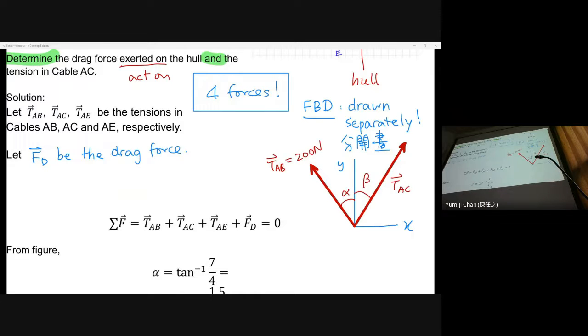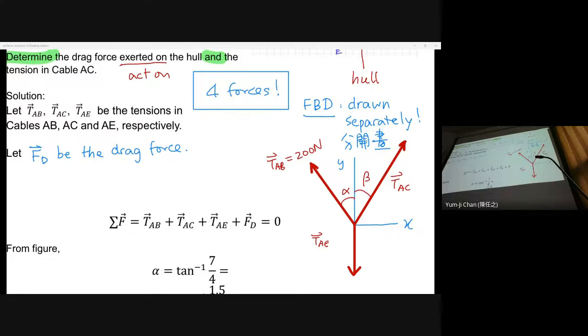And we have TAE. TAE is going downwards. So TAE is 300 Newton. Okay, I put it on the right. And we have FD.